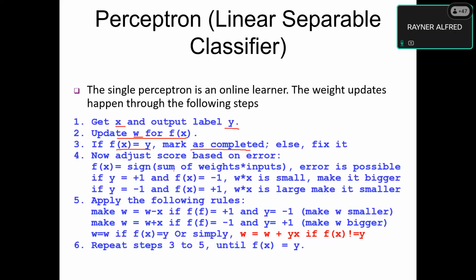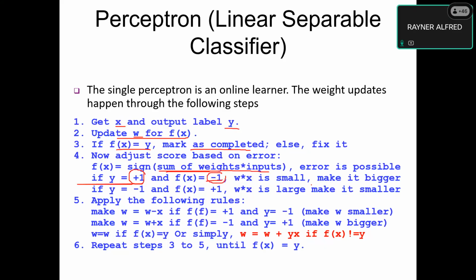So if the sign of the sum of weight times the input is wrong, this is what happens. So your actual class is positive, but it is predicted as negative.